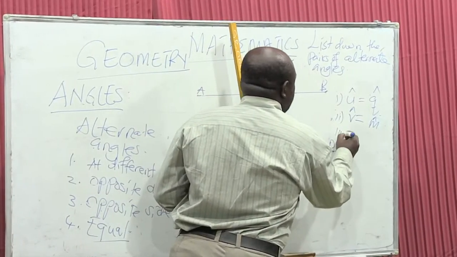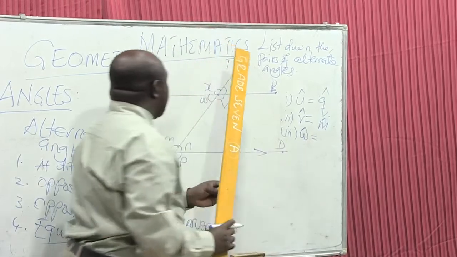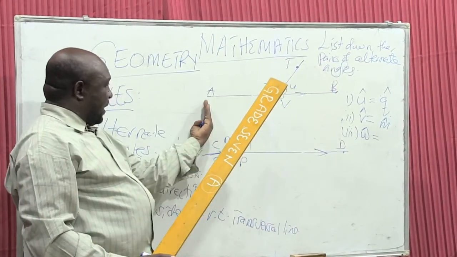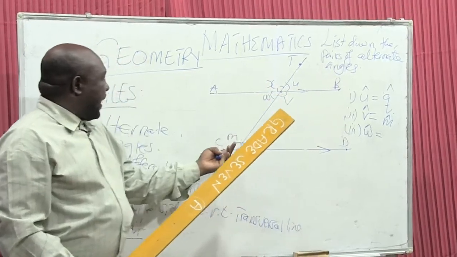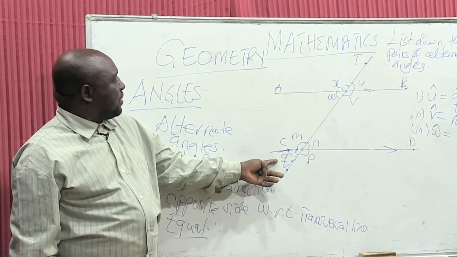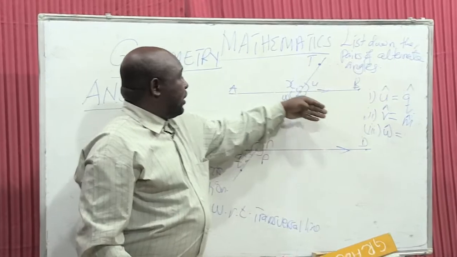The third, this angle W, this one, in this direction, is alternating to angle, yes, opposite to it.